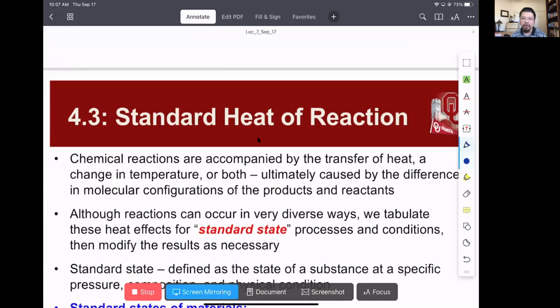There we need to take a look at the latent heat, and we have some empirical equations to look at those heats. Now we need to look at the reaction. In order to have the discussion of the reaction, we need to also specify the reference. Here we call this a standard state.